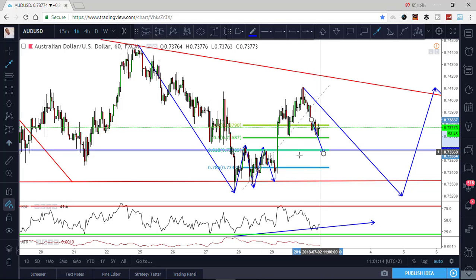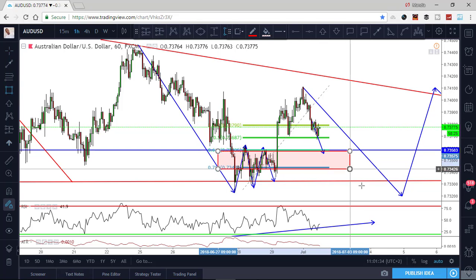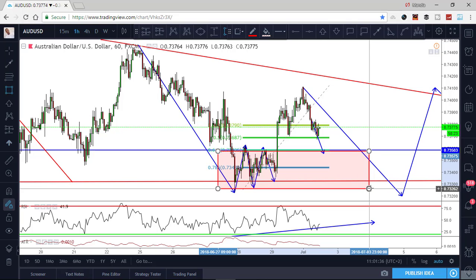I'm gonna have to look for a sign that price is waning as soon as it hits our 618 retracement, and our kill zone will be from our low right there to this price level right there.